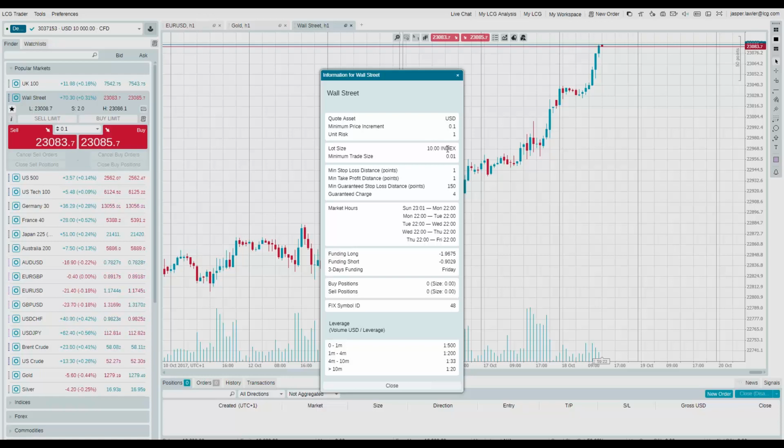So in the case of Wall Street, 0.1 is basically you're buying a contract worth $23,083 for 0.1 of a lot. So it's a tenth the size of a lot, because one lot is 10 times the index.